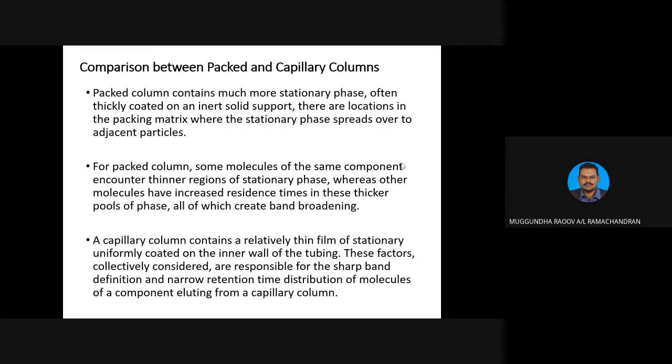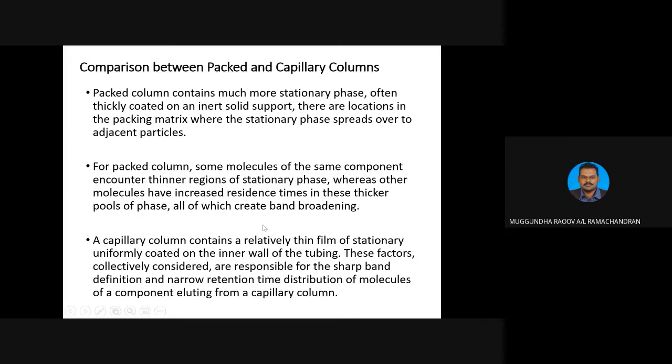Now, the packed column contains more stationary phase, often very thickly coated on the inner solid support. There are locations in the packing matrix where the stationary phase will spread over the adjacent particles as well. This is the packed column. Some molecules of the same component will encounter thicker regions of stationary phase, whereas other molecules have increased residence time in these thicker pools of phase, and this will cause band broadening.